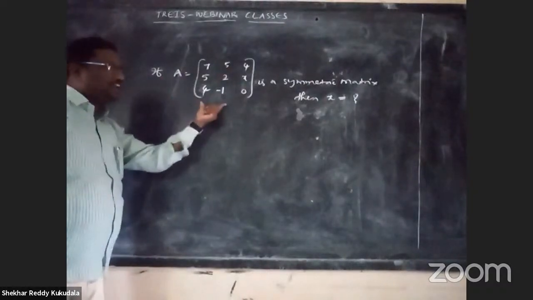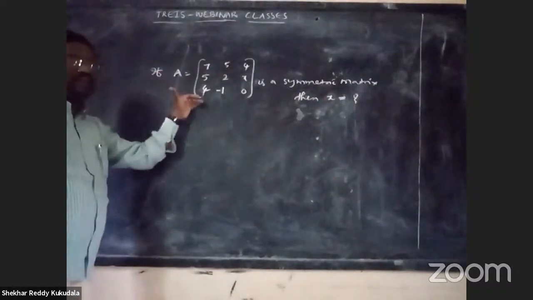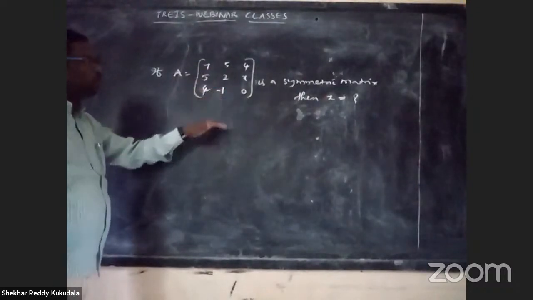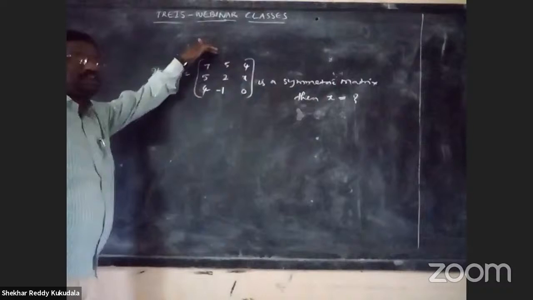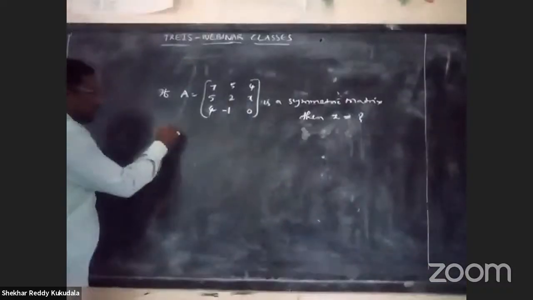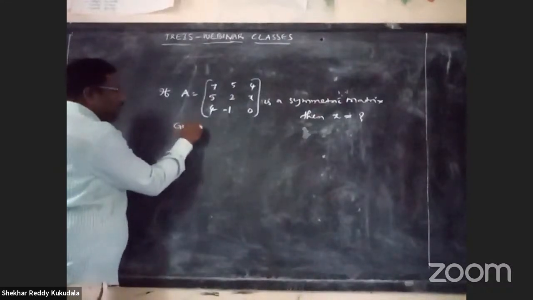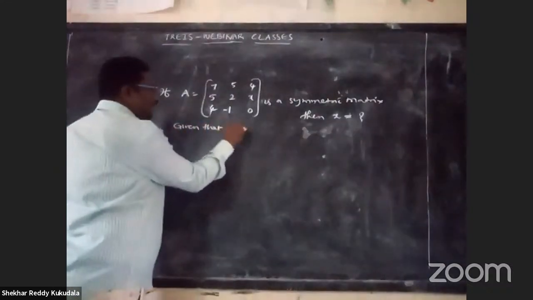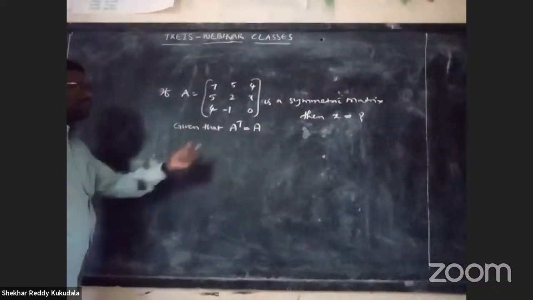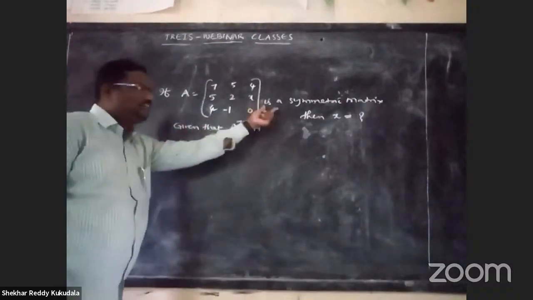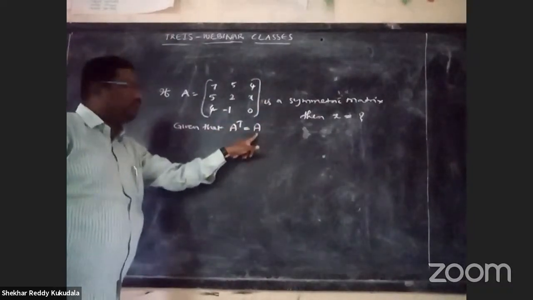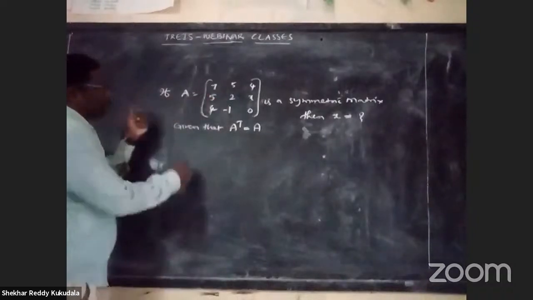Yesterday we studied what is meant by a symmetric matrix. A symmetric matrix is nothing but when we take the transpose of the given matrix, it is again equal to itself. Given that A transpose is equal to A. Now what will be the A transpose here?